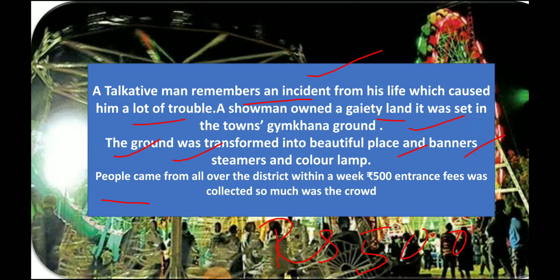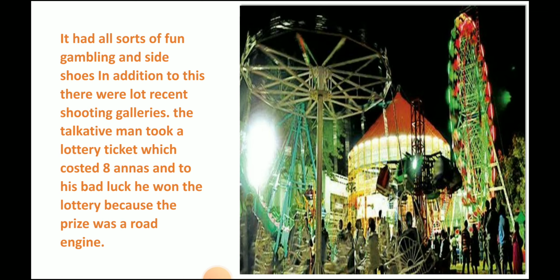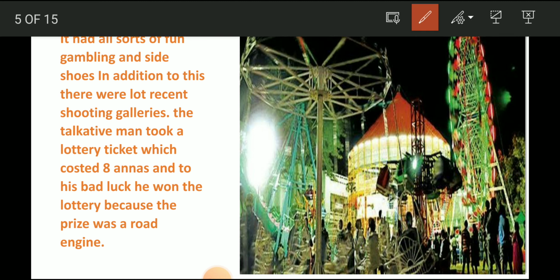So what our narrator, the talkative man, did is he went to Gaiety land with his family. Now why did people come there? They came to gamble. There were so many side shows like bike race and car race going on. In addition to this, there were shooting galleries. So the talkative man took a lottery ticket. The cost of the lottery ticket was 8 annas.